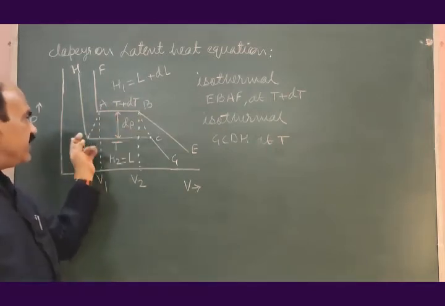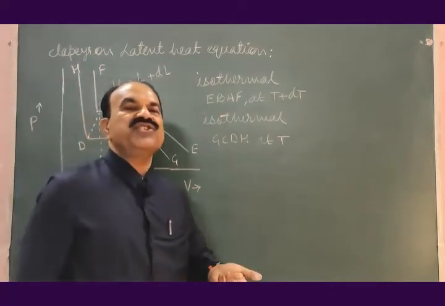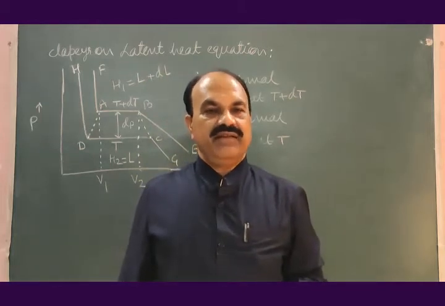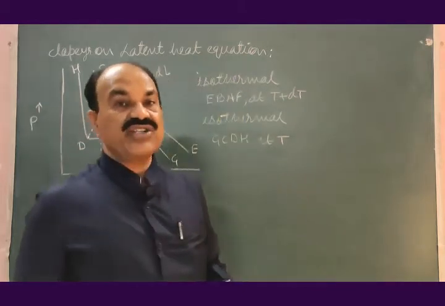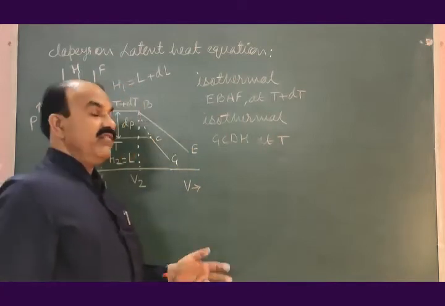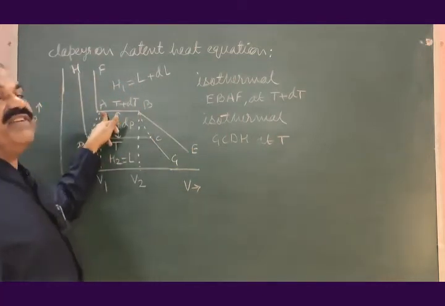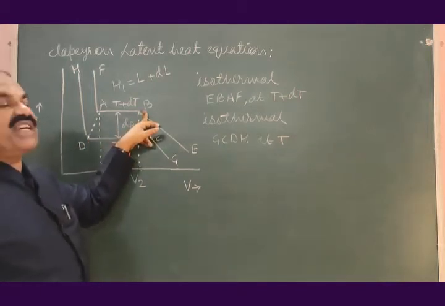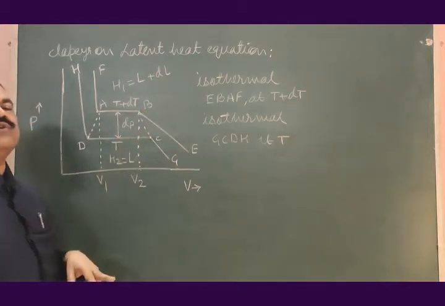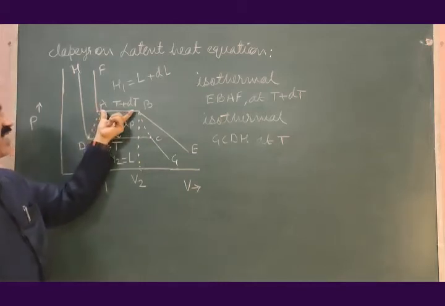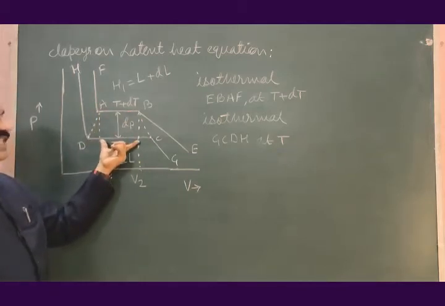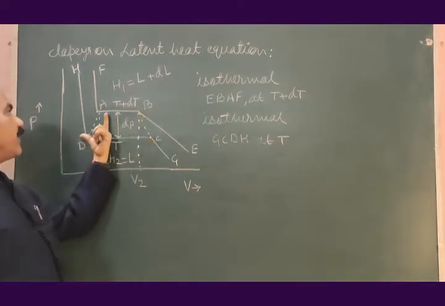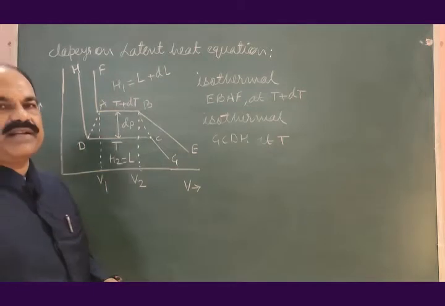So this ABCD is just similar to Carnot's reversible cycle, where A corresponds to liquid state, D corresponds to liquid state, B corresponds to gaseous state, C corresponds to gaseous state, AB corresponds to isothermal, CD corresponds to isothermal, BC corresponds to adiabatic, DA corresponds to adiabatic.